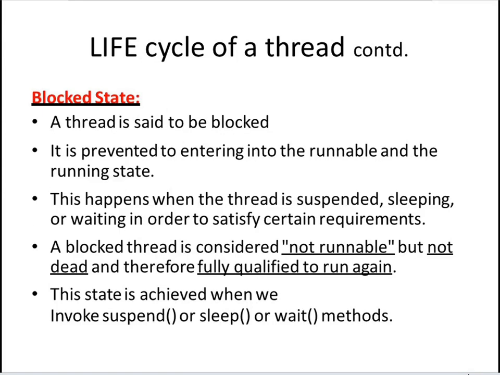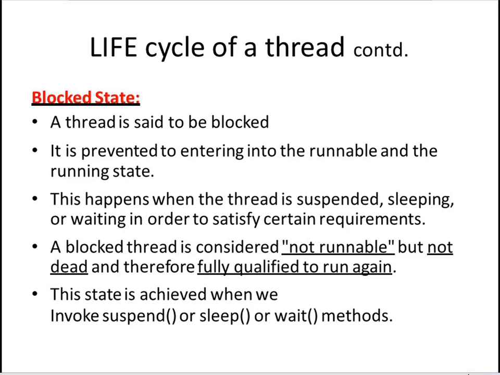Then next is the blocked state. In this state, the thread is said to be blocked, or it requires some inputs, or it is prevented from entering into the runnable state and running state. This happens when the thread is suspended, sleeping, or waiting in order to satisfy a certain requirement, or if some requirement is not satisfied, then it moves to the blocked state.